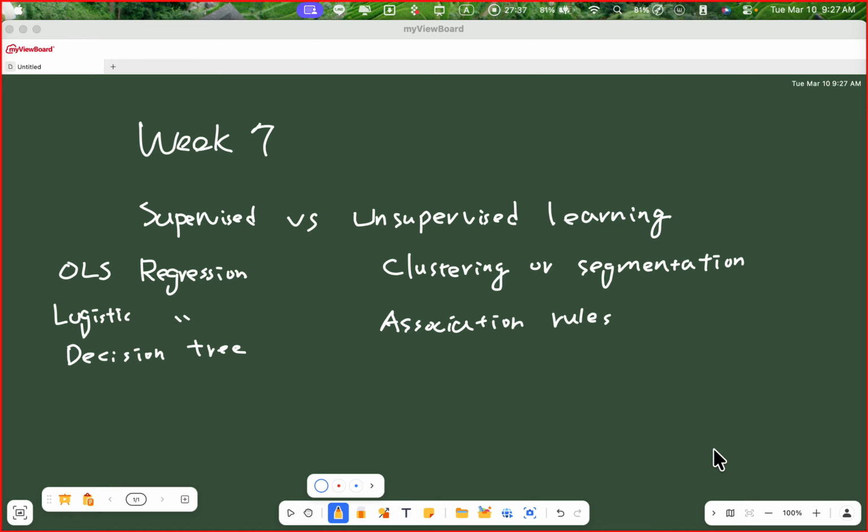Try to calculate the mean value for me, please. Would you please help me to calculate the mean value? 5.6. So the mean is 5.6. Let's see. 7 minus 5.6 equals 1.4.